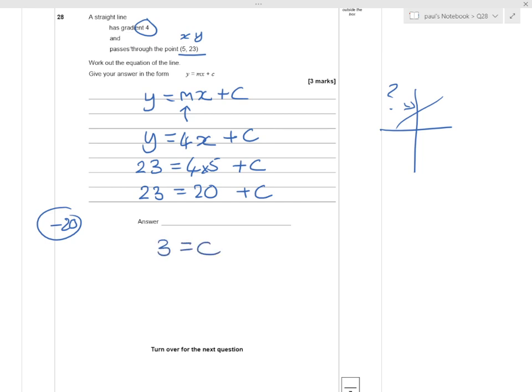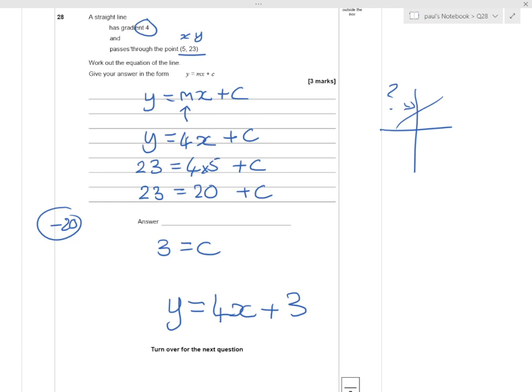So the answer is, work out the equation of the line. So now we know what c is. I nearly thought that was the answer. So we have to go back to y equals, the gradient is 4x plus the c is 3. So there's the equation of the line.